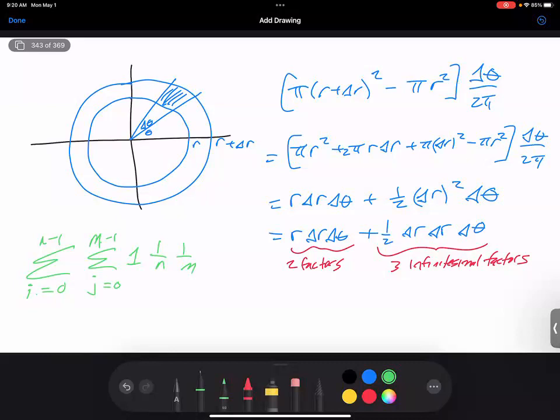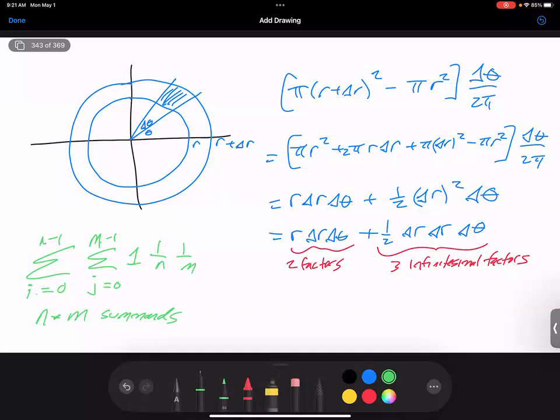So how many summands are there total? n times m. So even though I'm multiplying by the really small 1 over n times m, I have a huge number of pieces. So the sum can actually be a nice, reasonable, finite number.